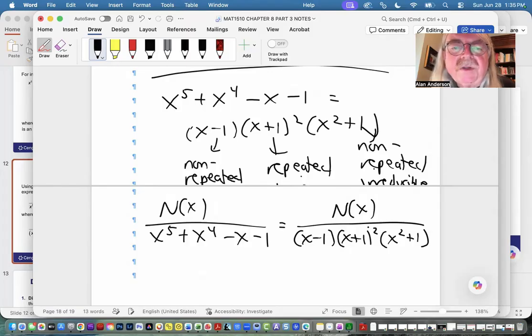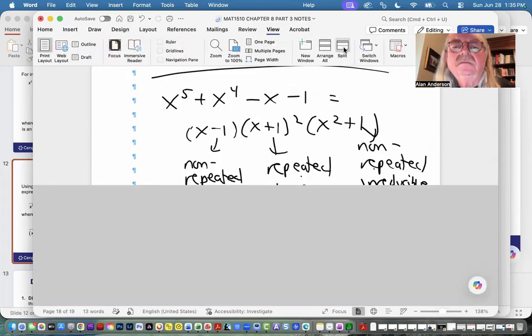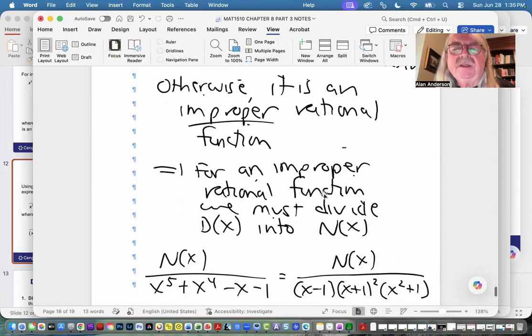And based on the rules that we just went over, what we have to do is break it up like this.